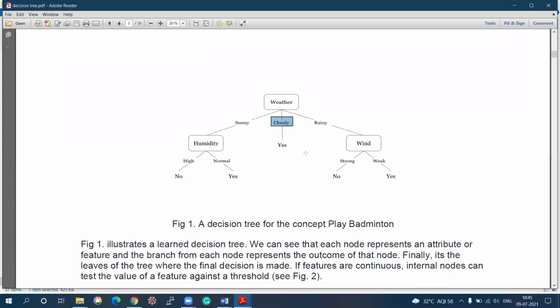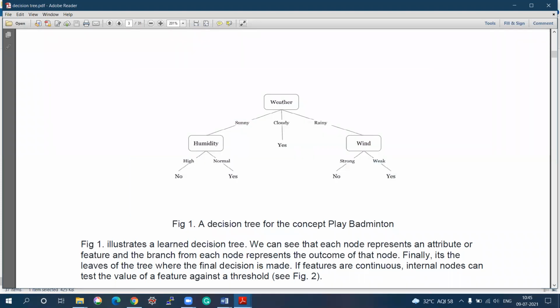However, cloudy by itself gives the decision: if the weather is cloudy, then the play will happen, and it is always yes. But for sunny as well as rainy, there are again positive and negative entries, so for sunny weather the play may or may not occur.